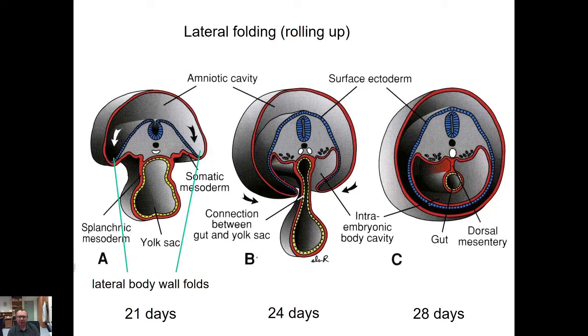There are then 2 lateral body wall folds, and the next picture will show cranial and caudal wall folds, and all structures which are originally cranially and laterally become ventrally situated and become concentrated around the yolk sac, which is still here and which becomes narrower.